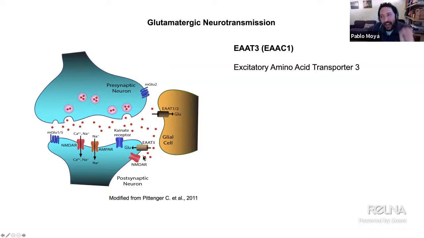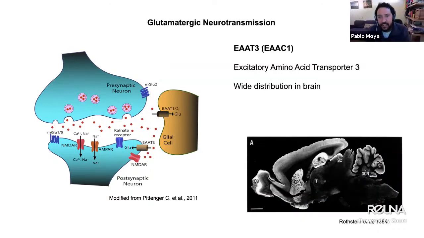However, its localization places these transporters as a key regulator of glutamate spillover, and it also regulates the ratio between perisynaptic and synaptic activation. In addition, this family of transporters are not exclusively glutamate transporters, because they transport, as the name says, excitatory amino acids, including glutamate, cysteine, and aspartate.